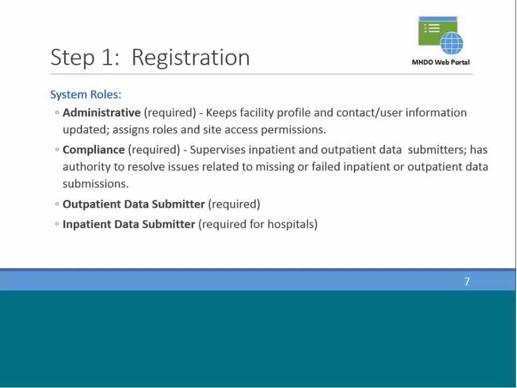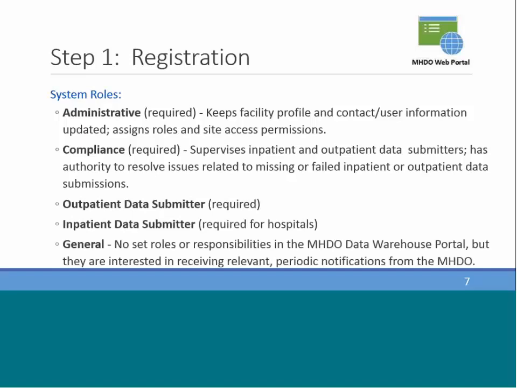This slide just goes over the different system roles. As I mentioned previously, the administrative contact is required. Their responsibilities are keeping facility profile and contact user information updated and assigning roles, site access and permissions to the other members within the system. The next is compliance. This is a required role. They will supervise inpatient and outpatient data submitters, and they have the authority to resolve issues related to missing or failed data submissions.